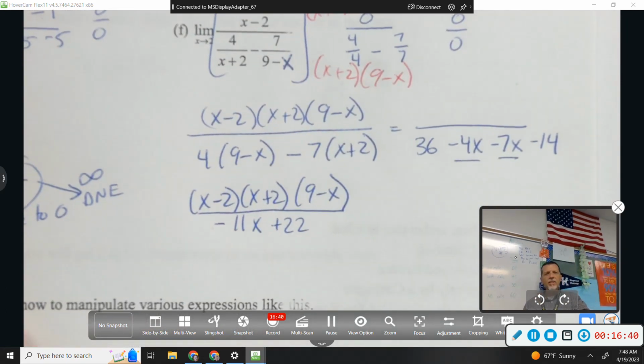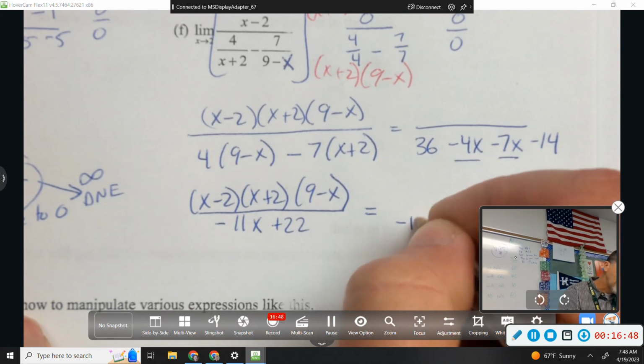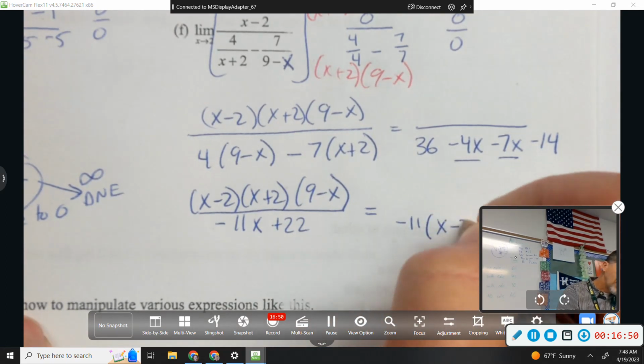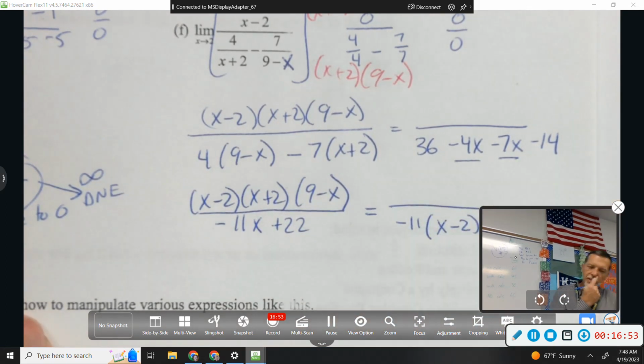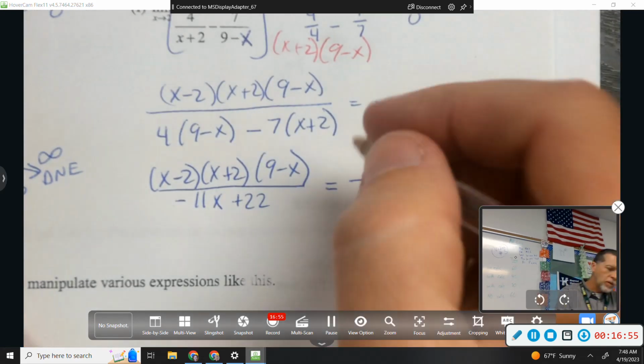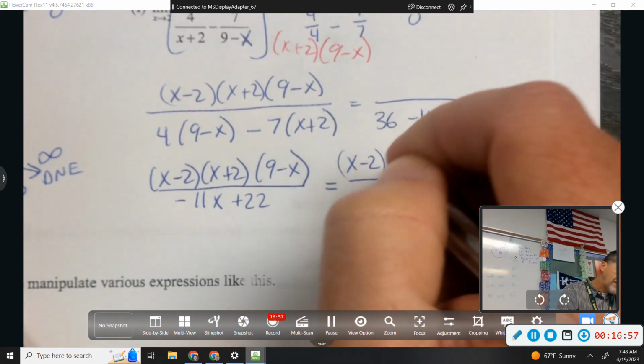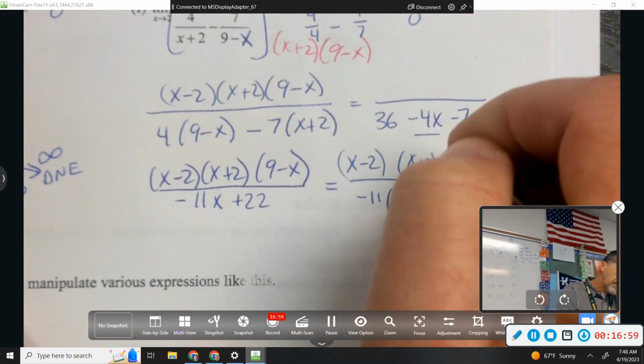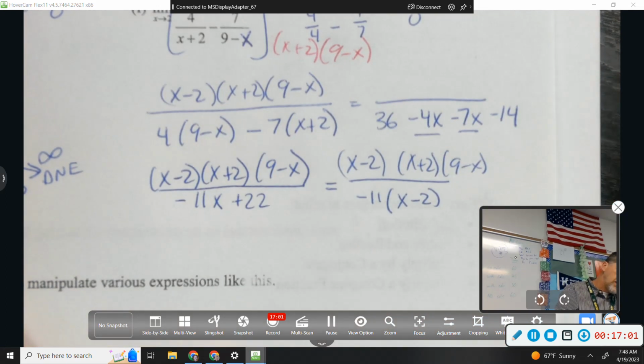Does any of that cancel? Negative 11, take that out. Yeah, take the negative 11 out, and then something might cancel. Take a negative 11 out, that means x minus 2. So the x minus 2's will cancel.